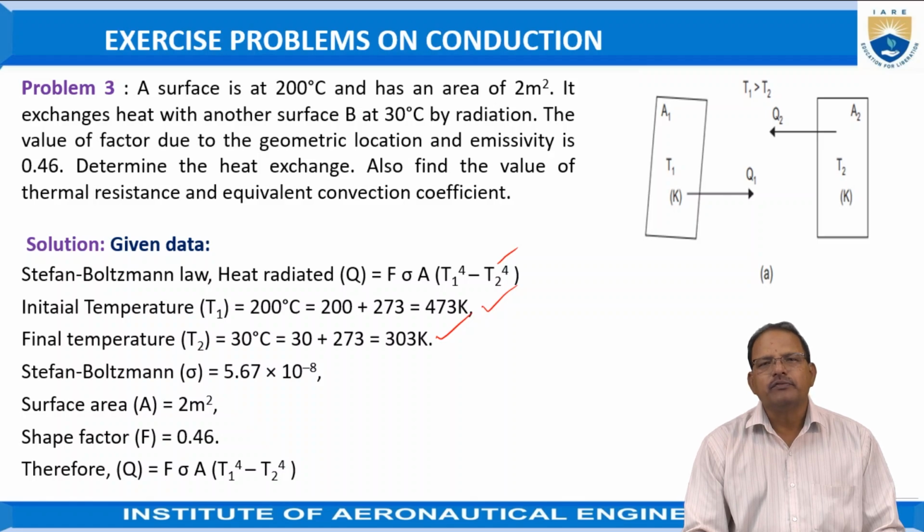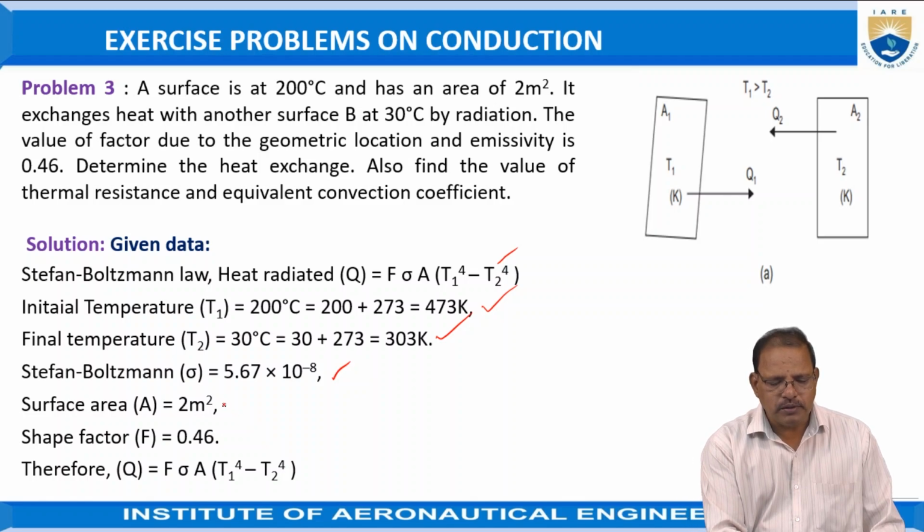The Stefan-Boltzmann constant sigma is 5.67 into 10 to the power of minus 8, which is given. Surface area A is 2 meters square. Shape factor is 0.46.